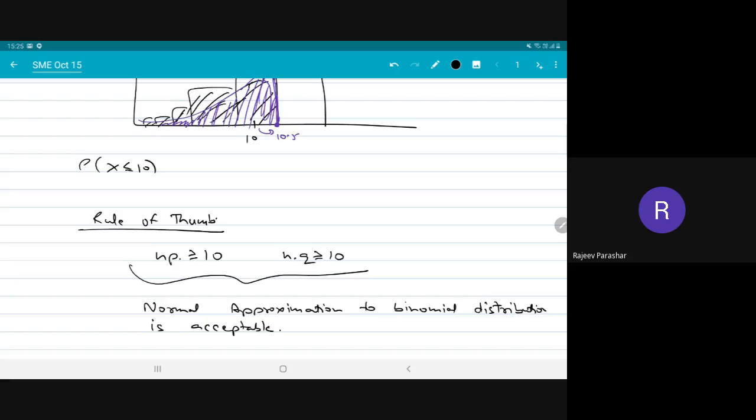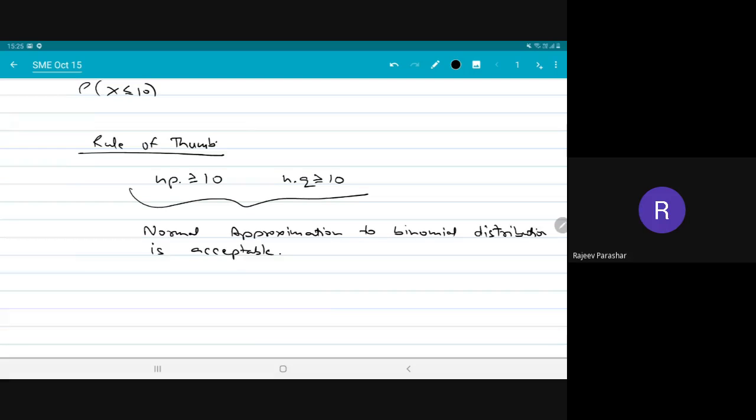Okay, but rules of thumb are rules of thumb. It also depends on the nature of the problem. If the nature is very severe, if the cost of error is very high, then we have to be more strict about approximation. Yeah, that is all I have for you in today's lecture. Let me stop recording.